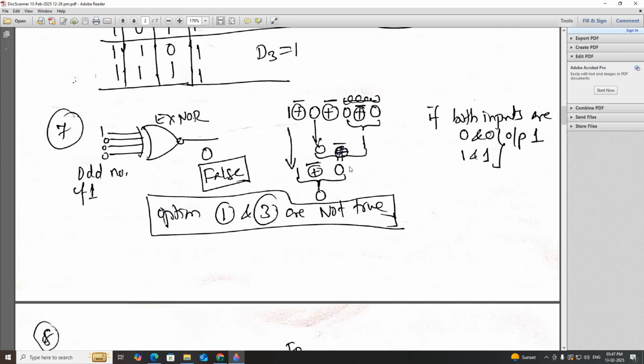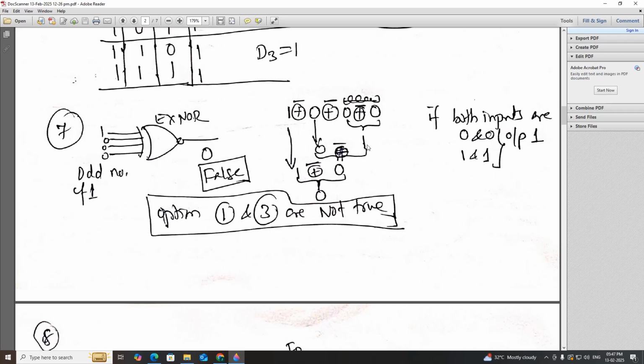XNOR operation. For XNOR, if both inputs are 0 and 0, or both inputs are 1 and 1, the output will be 1. So for the combination 0 and 0, the output will be 1.